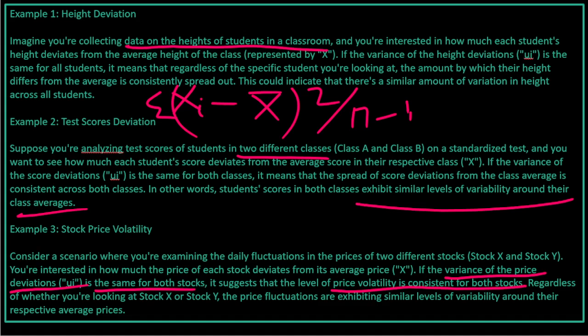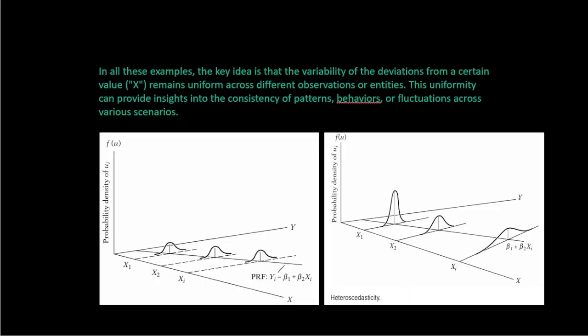Now let's look at the diagrams. In the first figure, we can see that for each value of x the spread is around the mean; this is our regression line. This is a 3D diagram; in a 2D diagram it becomes like this.